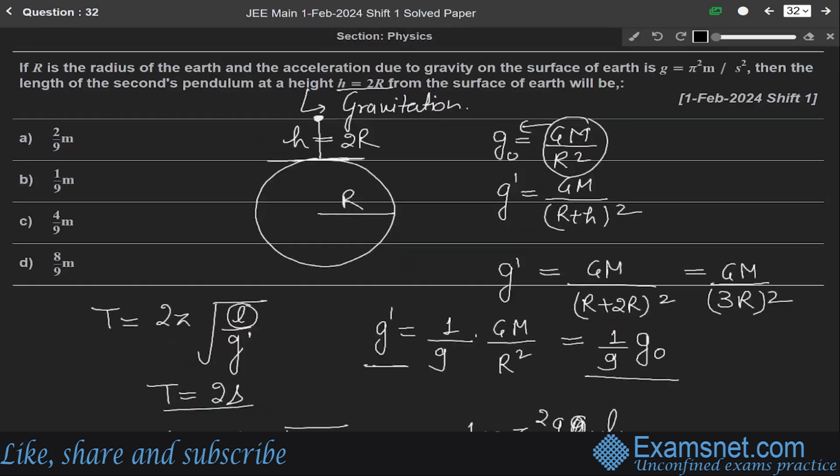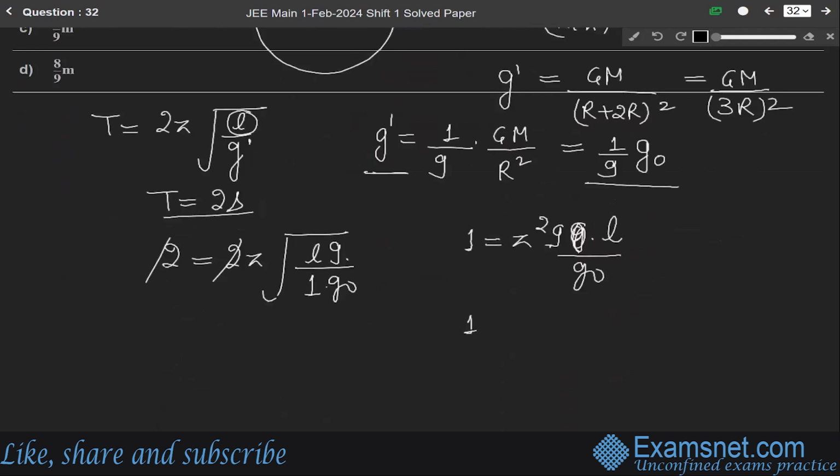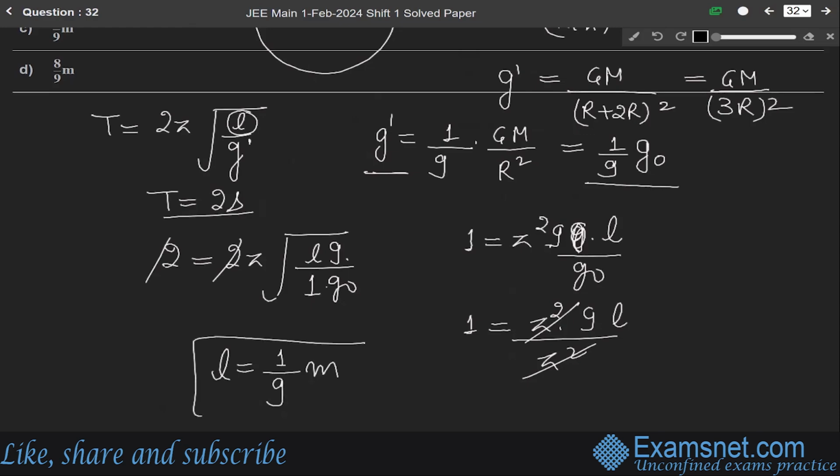Since g naught is given as pi square meter per second square, 1 equals pi square into 9 into L over pi square. This pi square cancels, so L equals 1 over 9 meter. This is our final answer.